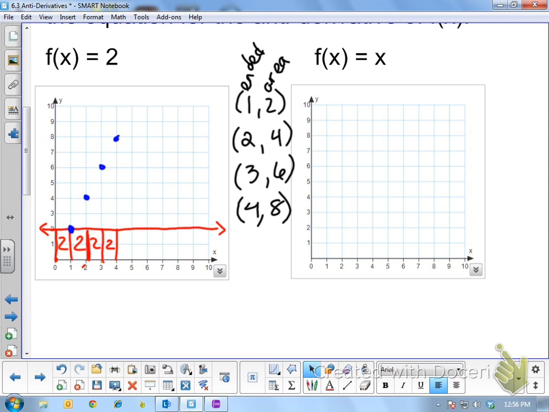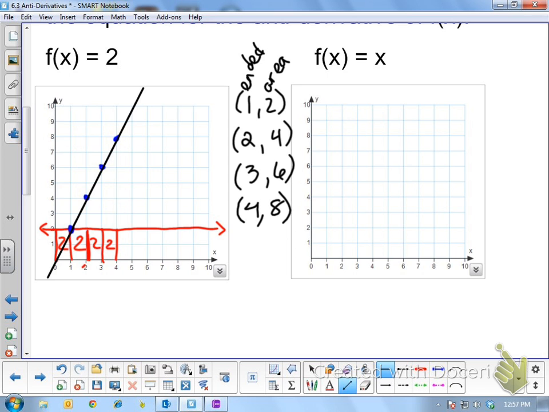So what type of function does it look like we are forming by doing this accumulation of area? A line. Okay. So it looks like we formed a line.